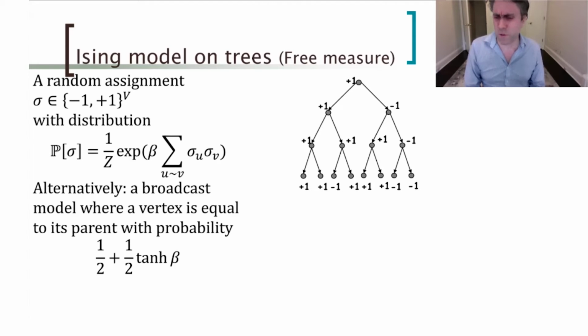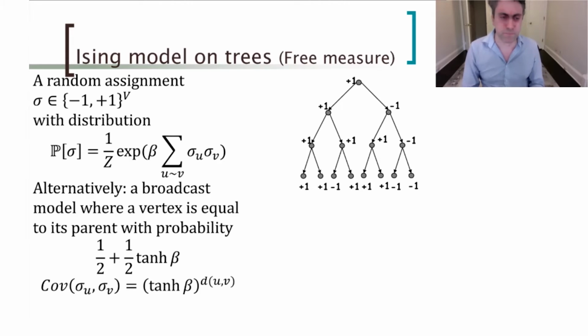You can also work out what the covariances are. The covariances decay exponentially, like tanh beta to the power of the distance from u to v. And so this construction of the Ising model is called the free measure. It's not the only way of extending the definition of the Ising model to the infinite tree, but it's the one that we'll be looking at.